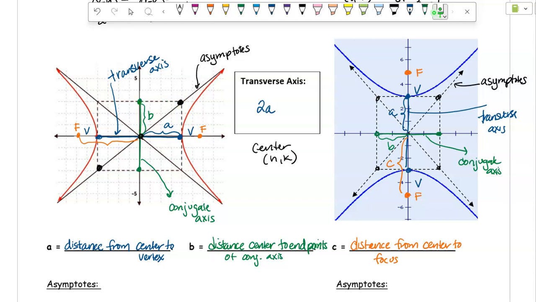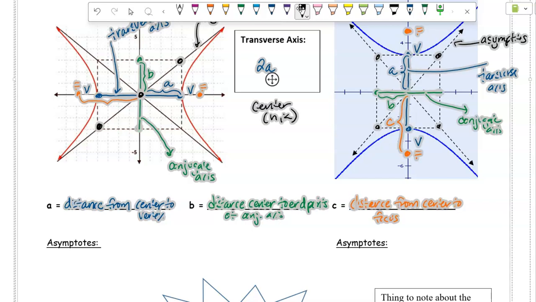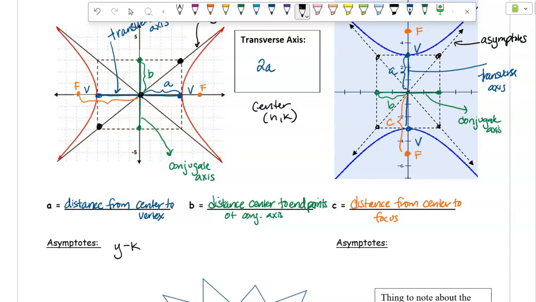So my slope is up b and over a. It could also be up b and back a. So when we write our equation for the asymptotes, b over a is going to be our slope. We're going to do y minus k equals plus or minus b over a times x minus h. This is basically point slope form, and h and k is the point we use, and the slope is b over a.